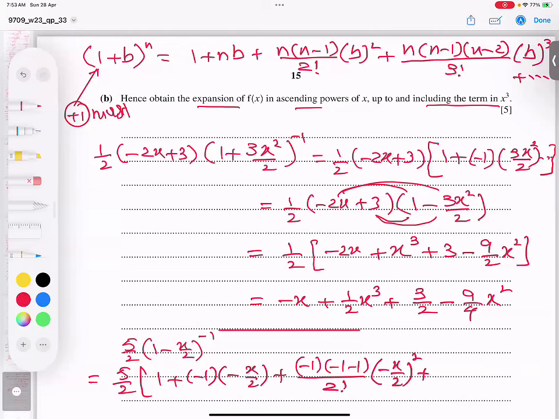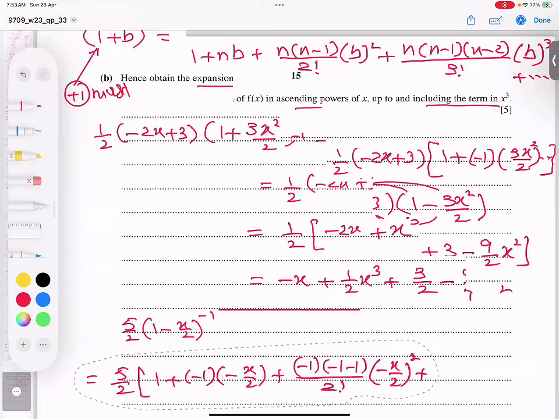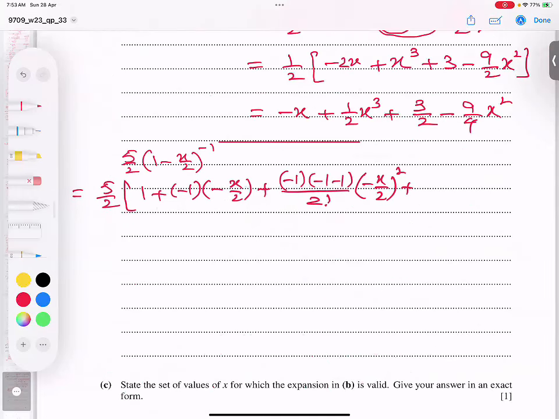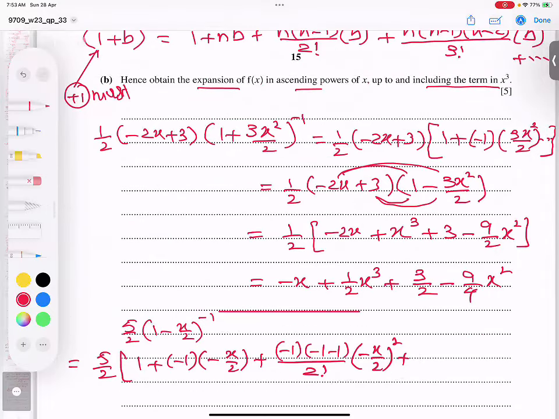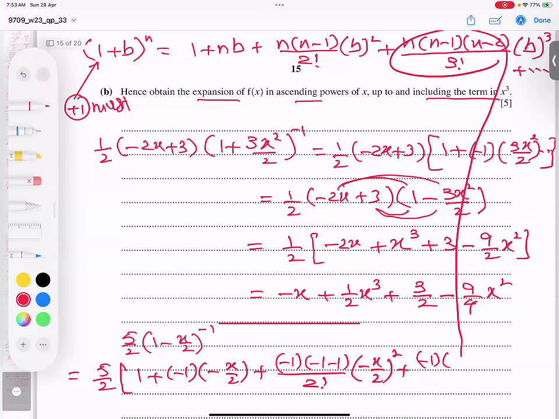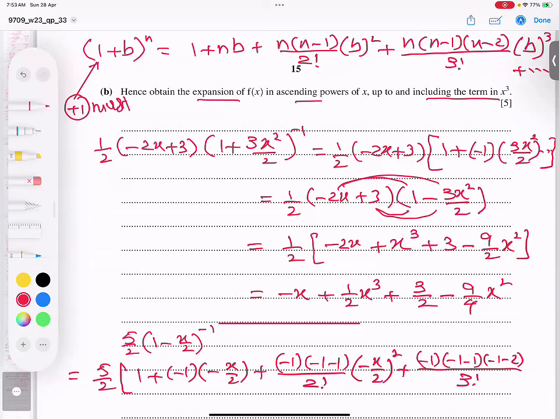And now I will write the third term, so it will take a space. And what is the method to write? n into, you can see from the top, n minus 1 into n minus 2 over 3 factorial into cube.